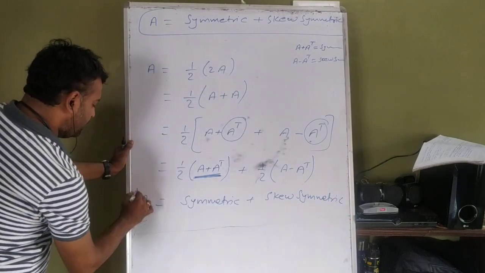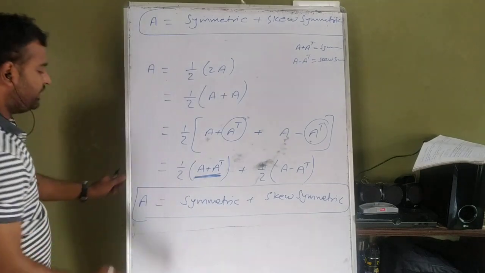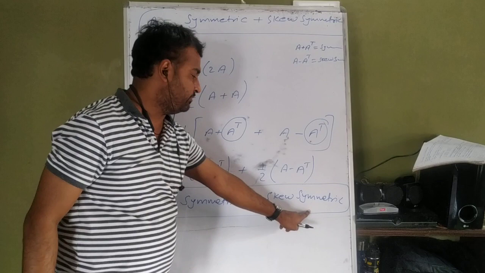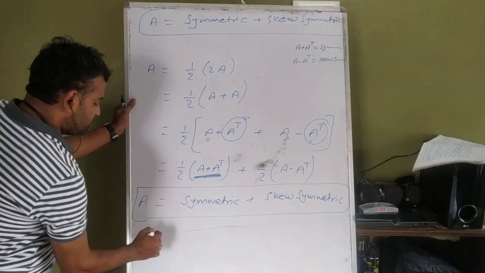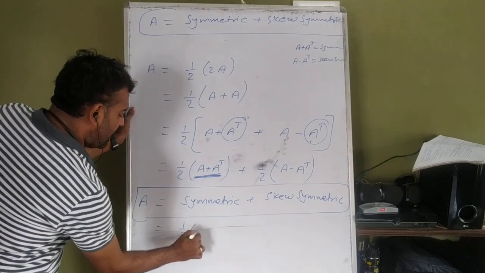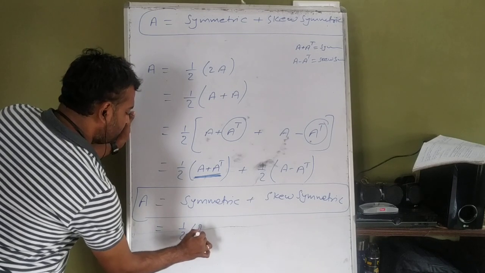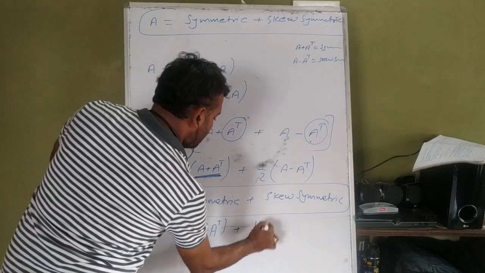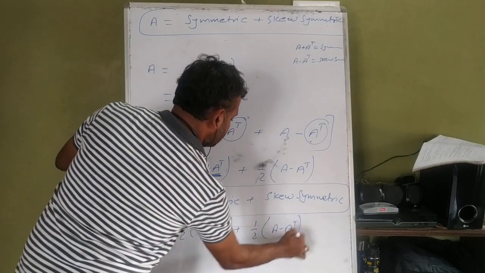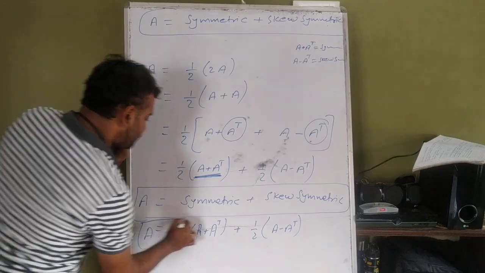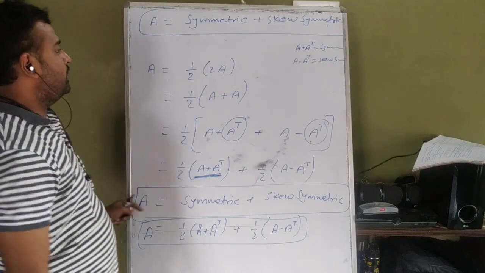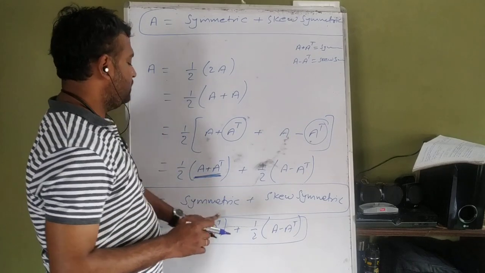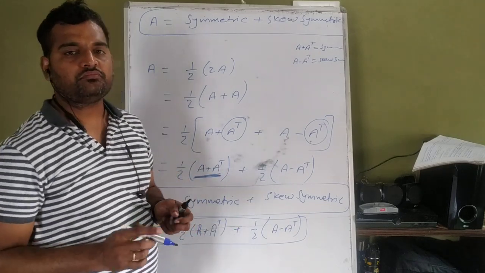So how have we written A? A is the sum of symmetric as well as skew symmetric, where symmetric is half of A plus A transpose, and skew symmetric is half of A minus A transpose. This is a very important theorem. The question will be asked to prove that every square matrix can be written as the sum of symmetric and skew symmetric matrix.